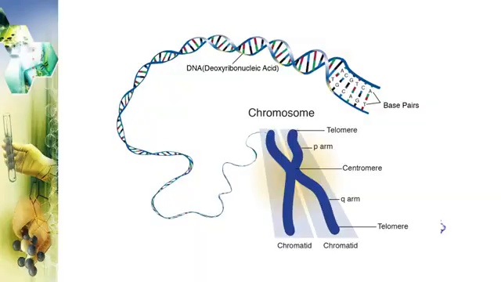This sequence of TTAGGG is repeated about 2500 times in humans. In humans, the average telomere length is about 12 kilobases at birth. In old age, it reduces to 4 kilobases. The reduction of telomere length is more significant in males than females.